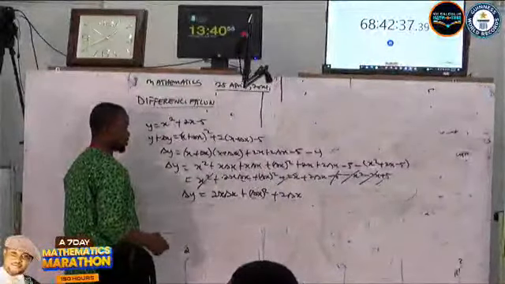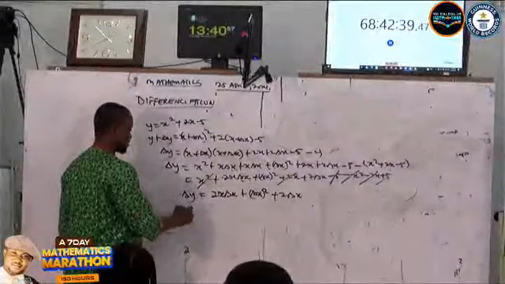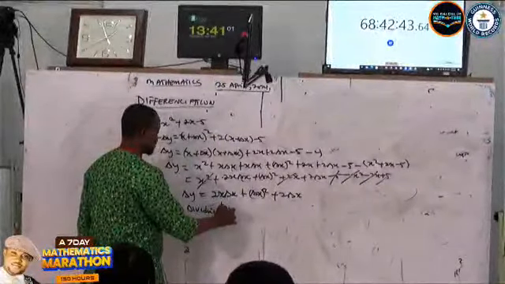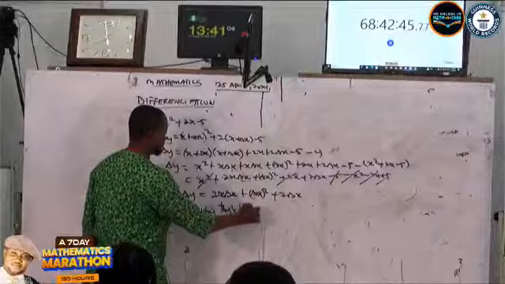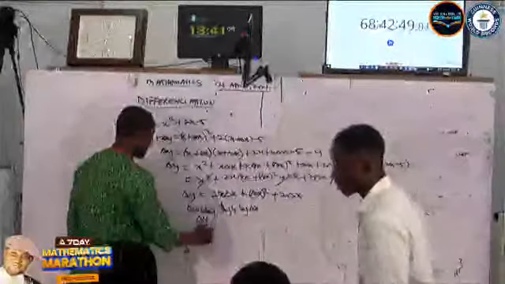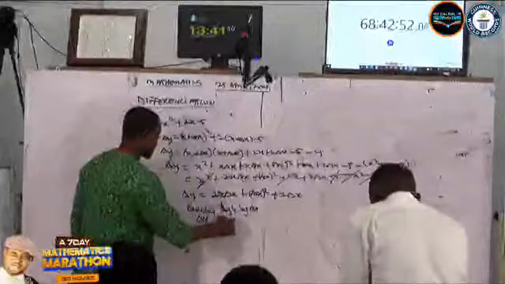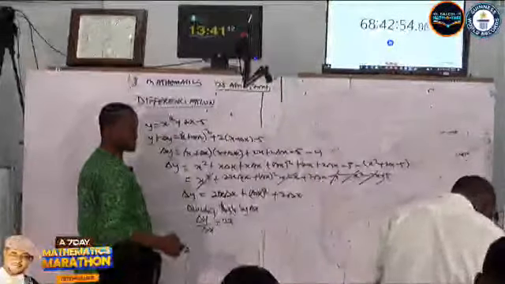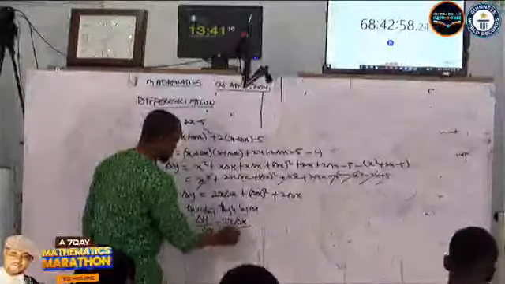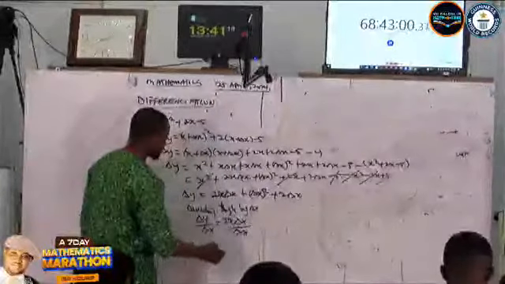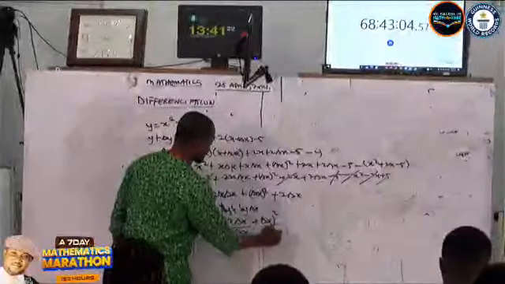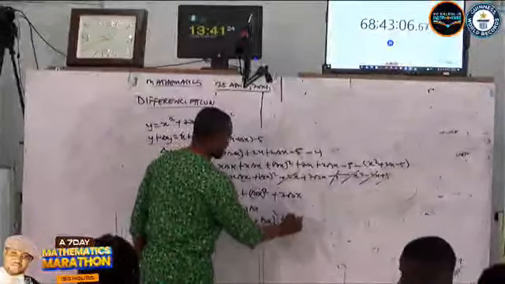Now dividing through by change in x, it will now be 2x change in x all over change in x, plus change in x squared over change in x, plus 2 change in x over change in x.